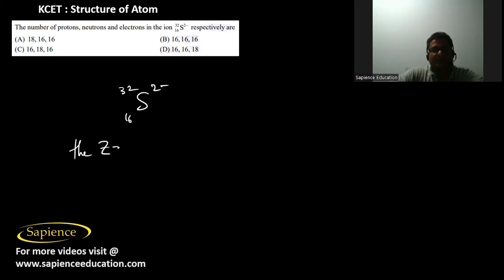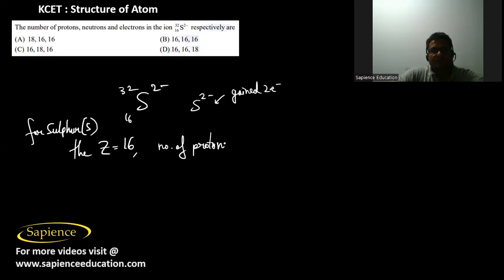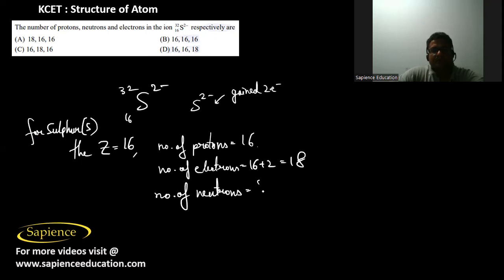The atomic number Z for sulfur is 16, and it has S2 minus, which means it has gained 2 extra electrons. So the number of protons is 16, and the number of electrons is 16 plus 2, that is equal to 18, and the number of neutrons is 32 minus 16, since 32 is the mass number A. So 32 minus 16 is equal to 16.